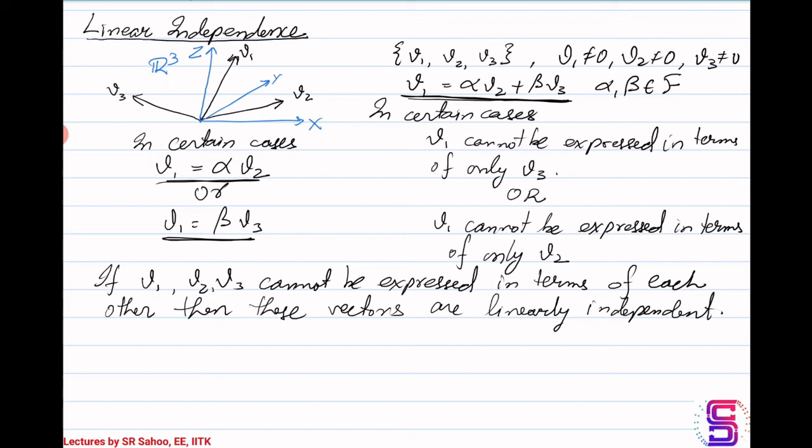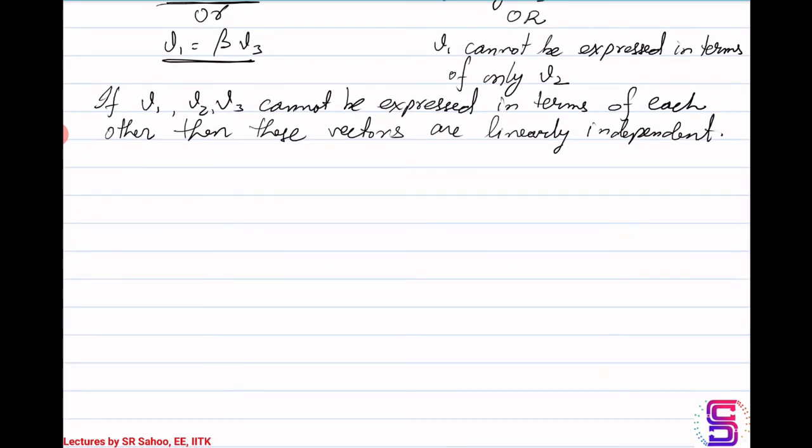Similarly, v1 equal to alpha v2 or v1 equal to beta v3 are also linear relationships with respect to v2 and v3 respectively. Okay. So they cannot be expressed linearly with respect to the other vectors in the set. Okay. So now how can this be formally put down?